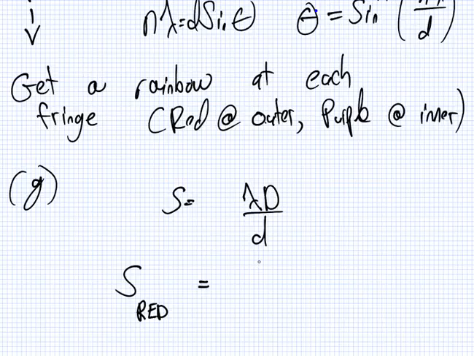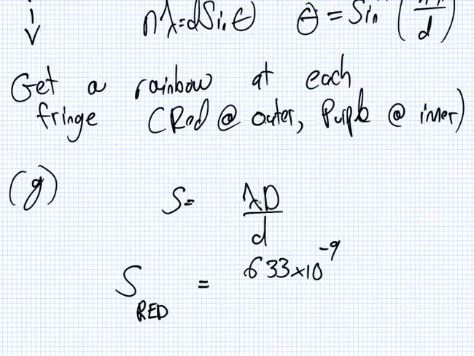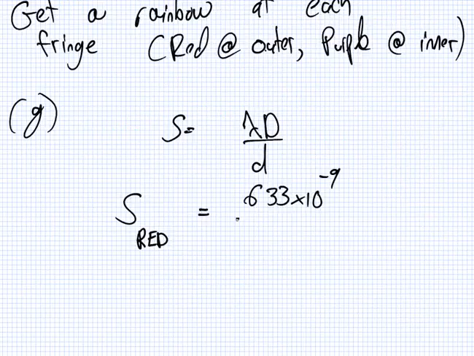The reason for this is down to this formula: n lambda equals d sine theta. So theta equals sine inverse of n lambda over d. So what happens when we make the lambda smaller?